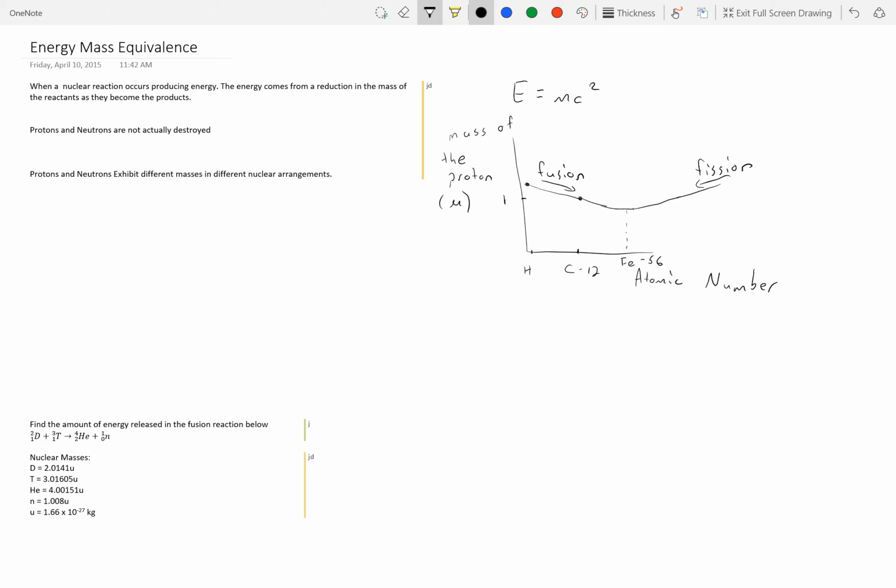What that means is that, just like all other systems, the system tends toward the point of lowest energy, and so all elements are tending towards iron-56 or those middle range transition metals. So fusion occurring in stars bulks them up, and then fission, which will occur naturally to some extent but which we largely use in power plants, will break them back down so that they both head towards that minimum amount.